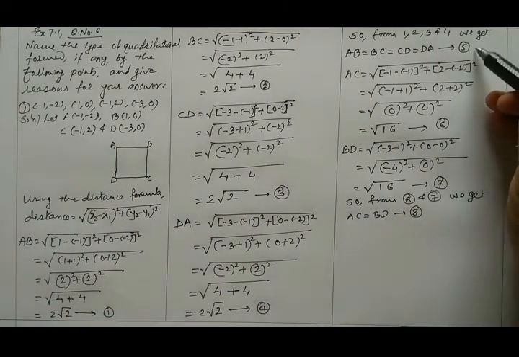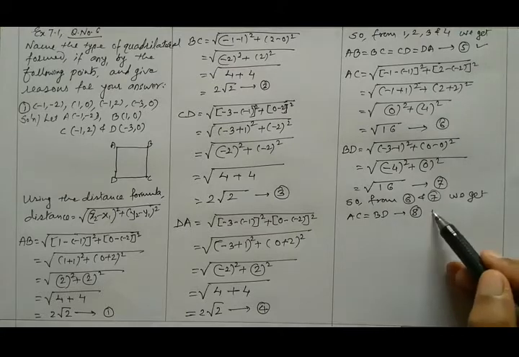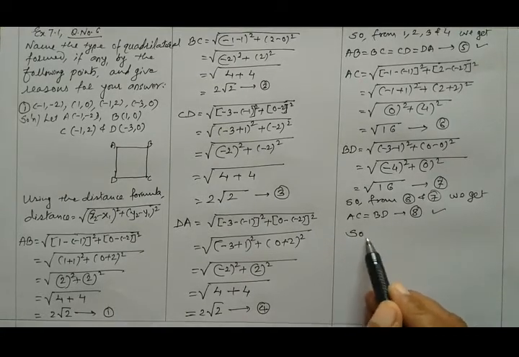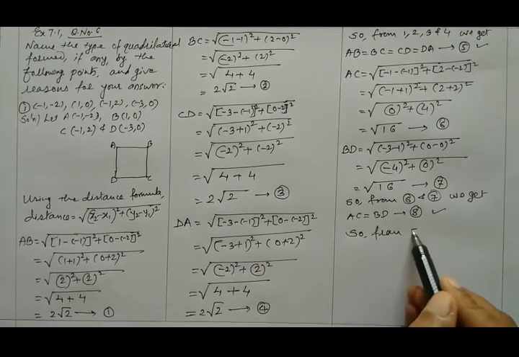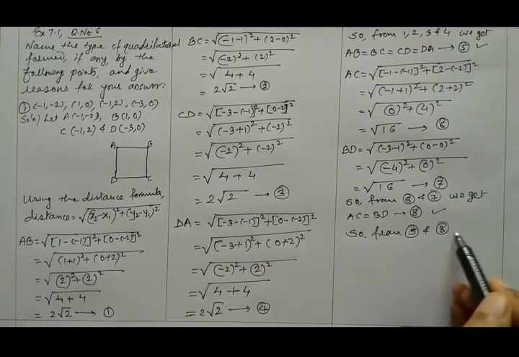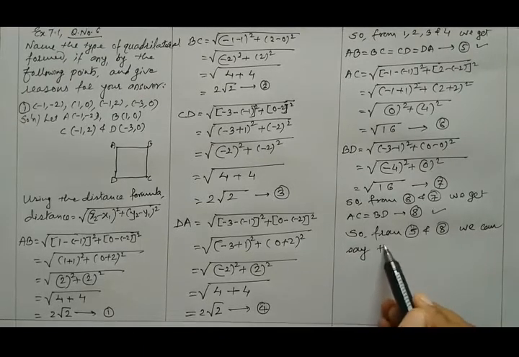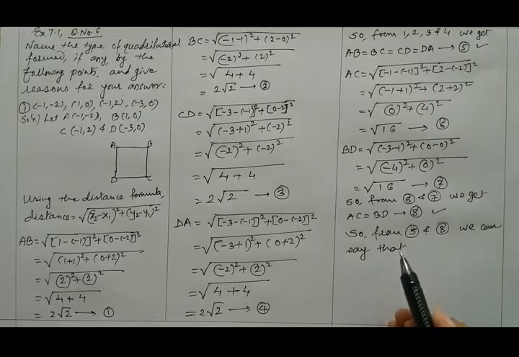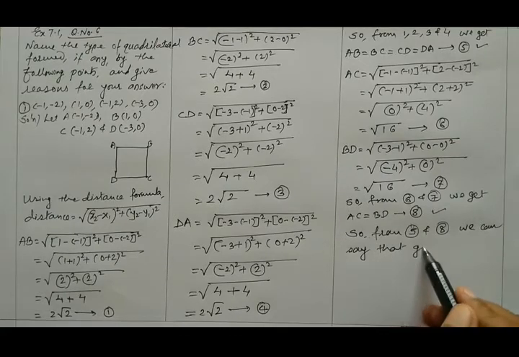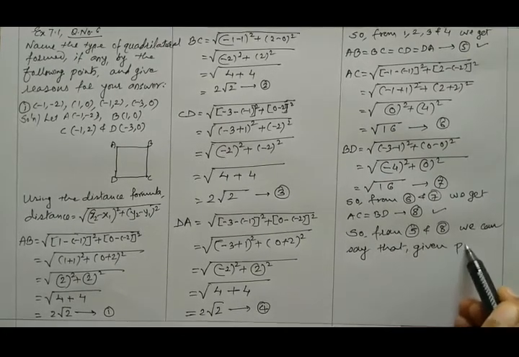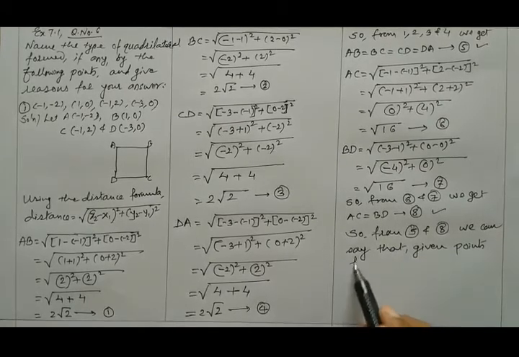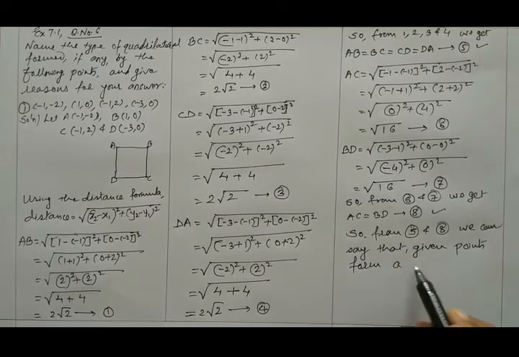So from 5 and 8 we can say that the given points form a square.